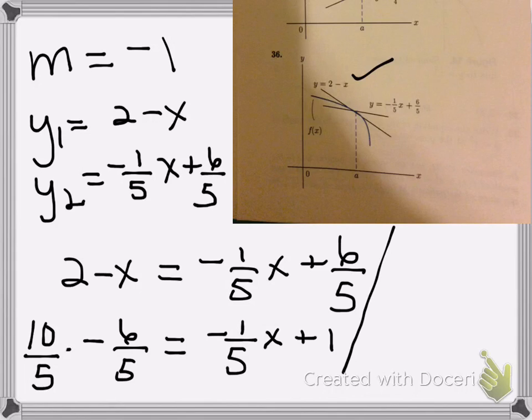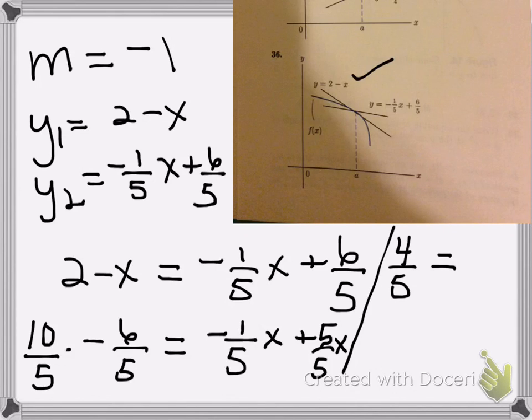So 4/5 equals, okay, what if you have negative 1/5 x plus 1x? Can't that be 5/5?